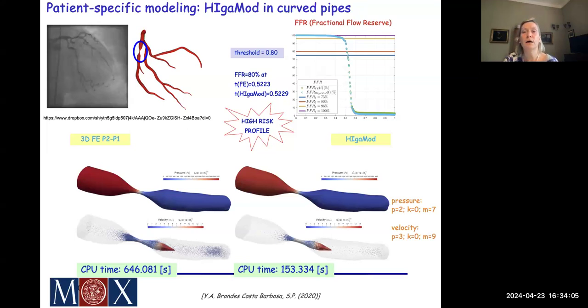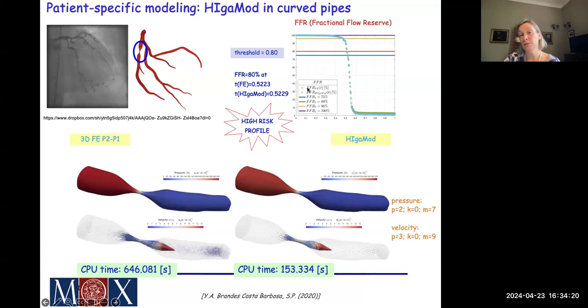So in green, you have the trend of the FFR along the center line, while in cyan, you have the same prediction carried out by means of the HiMod approximation.